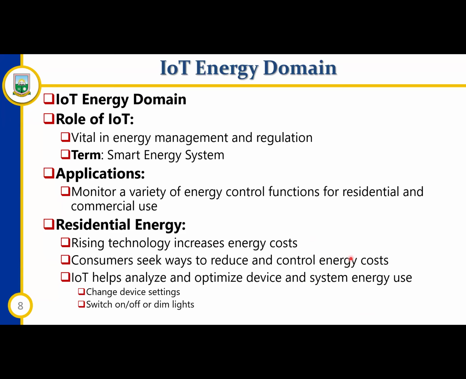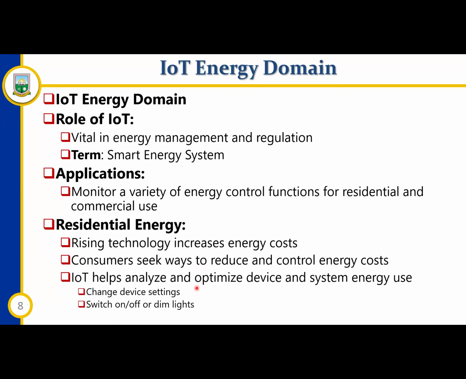So in this case, it may be changing the device setting, simply switching on and off, dimming lights, and also optimizing the energy use. I give an example where if you're traveling, instead of putting your lights on the whole day, even in the daytime, you can perform these basic functions by changing the setting of a device which is connected to the internet.